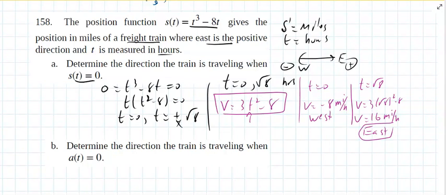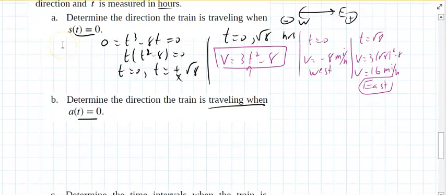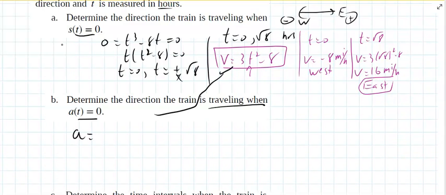Determine the direction the train is traveling when the acceleration is 0. We're still going to use velocity. Acceleration, what's acceleration? This is the second derivative, and this is the first derivative. If I take the second derivative, that is 6t, and that equals 0 when t equals 0. Well, at 0, didn't we agree that the train was already traveling west? So velocity tells me whether the train is moving east or west.